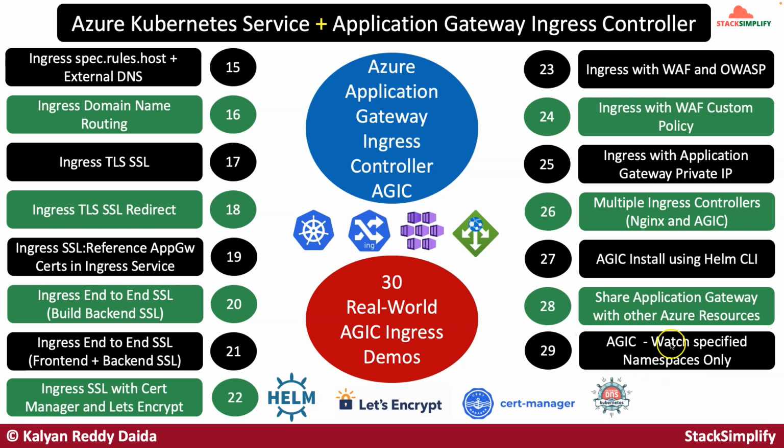So that's a very, very advanced concept, and it is a very important concept to be known. So that's the reason: AGIC install using Helm CLI, share application gateway with other Azure resources, and AGIC watch specified namespaces only. So these three advanced demos also we have covered as part of this course.